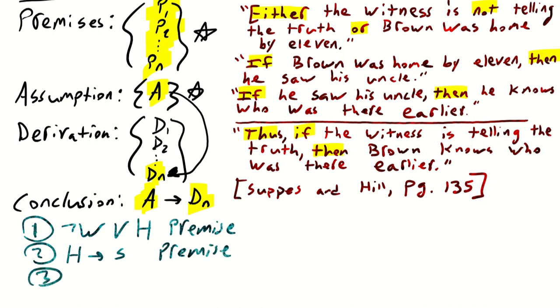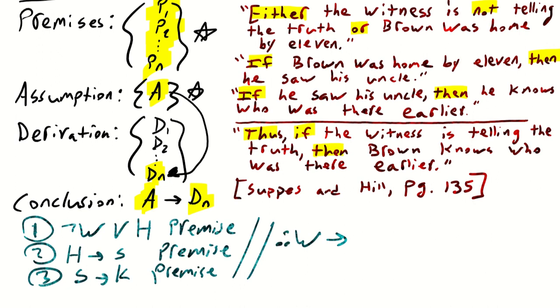Premise 3, if he saw his uncle, then he knows who was there earlier, so if S, then K, and that's a premise. And conclusion, if the witness is telling the truth, then Brown knows who was there earlier.